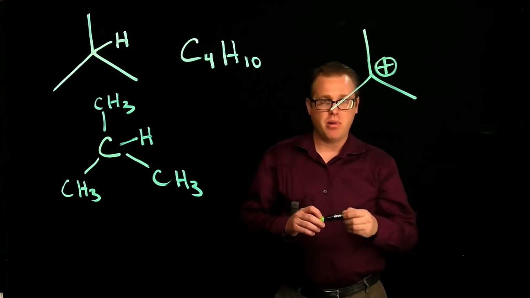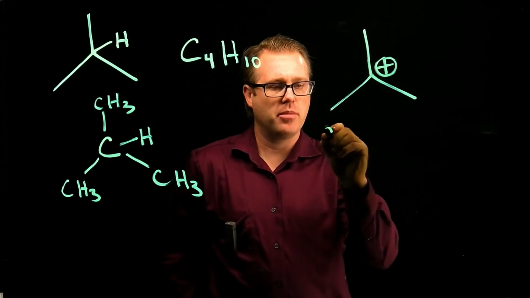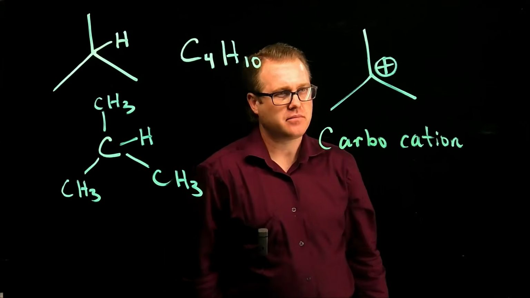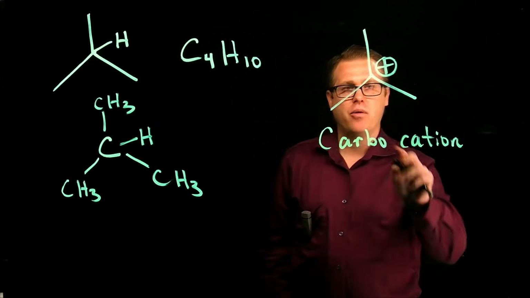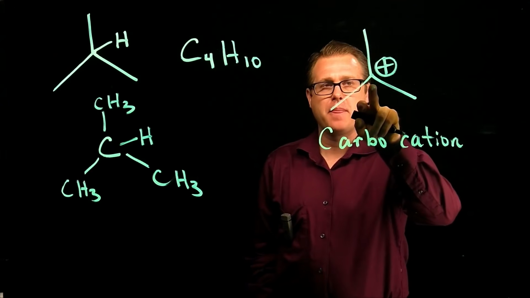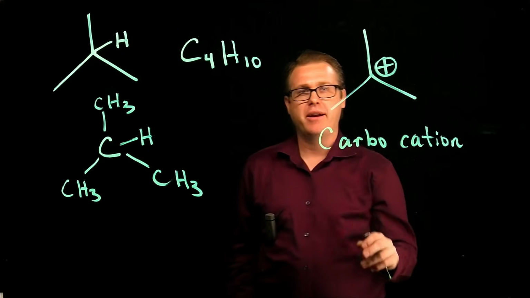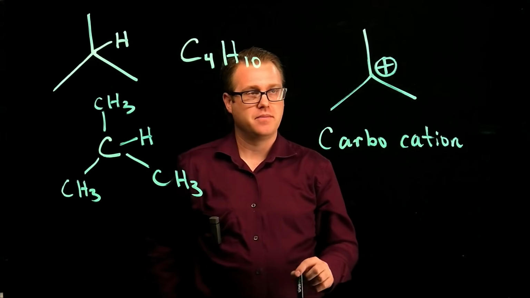And when we have a positive charge on a carbon atom, we call that a carbocation. Now, carbocations are telling us, hey, we have a positive charge here. And so that positive charge is telling us that we are missing one of the 4 bonds.